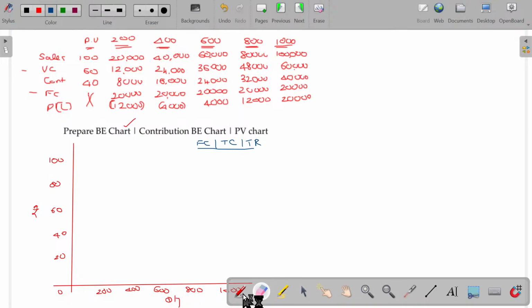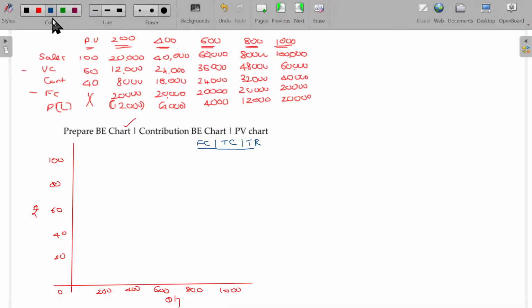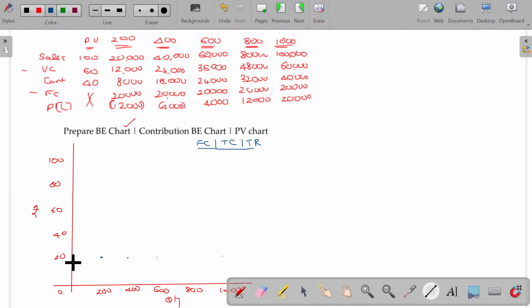What about the fixed cost here? Fixed cost in all the scenarios being 20,000. In case you manufacture 200, then the cost being 20,000, even at 1000, the cost is 20,000. Okay, hope now you'll be able to understand this. Is that okay? This is nothing but fixed cost. Clear?